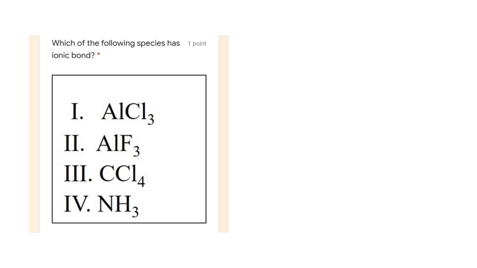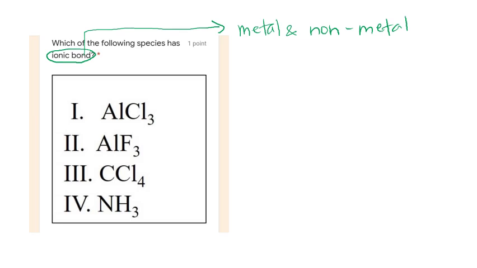Question number 5. Which of the following species has ionic bond? Basically when there is ionic bond, we think of it as between metal and non-metal. So with this idea, CCl4 and NH3 will be out. We are left with another two, AlCl3 and AlF3. For your information, there are several metals that can form covalent compounds, which are beryllium, boron, and aluminium.